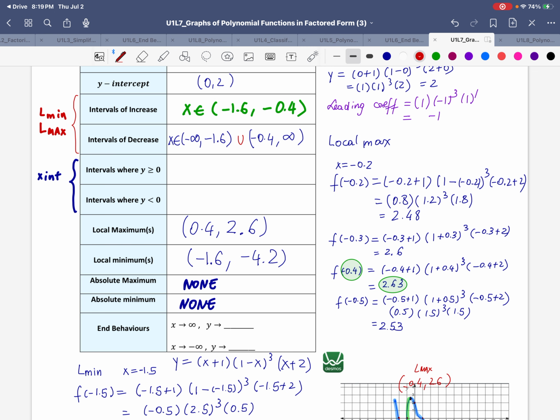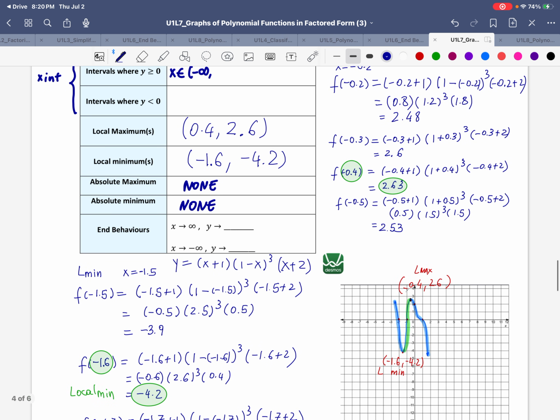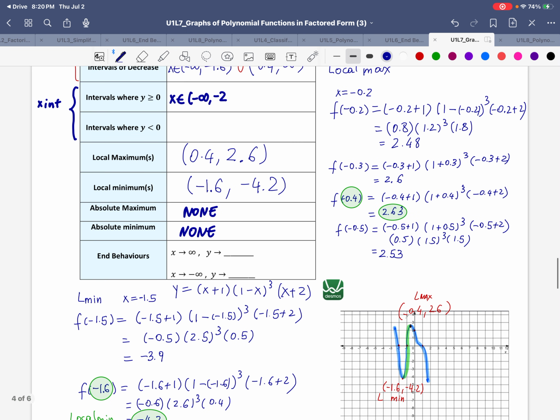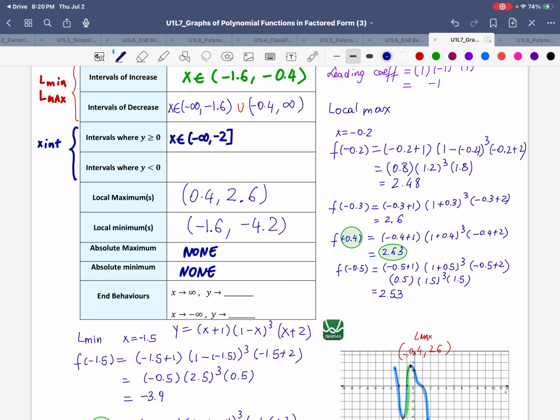Now, from negative infinity to negative 2, the function is above the x-axis or 0 at negative 2.